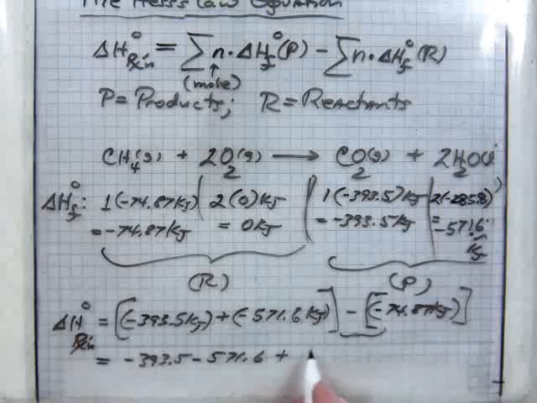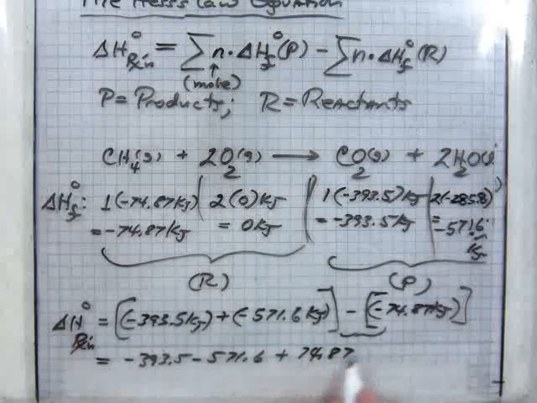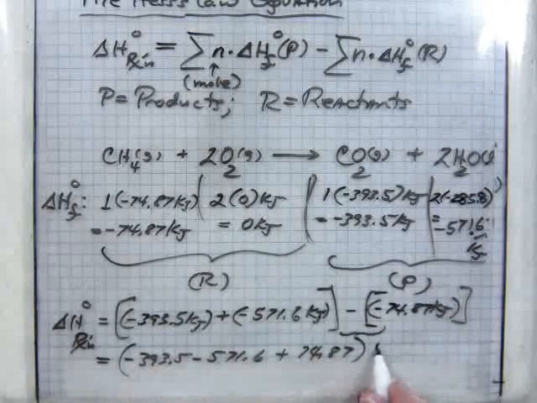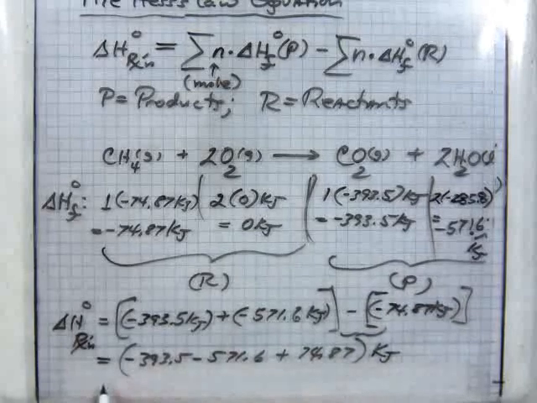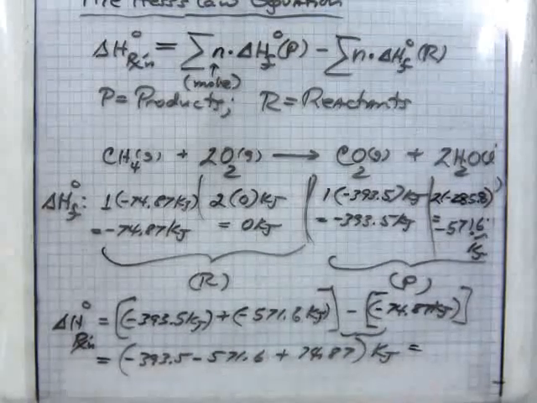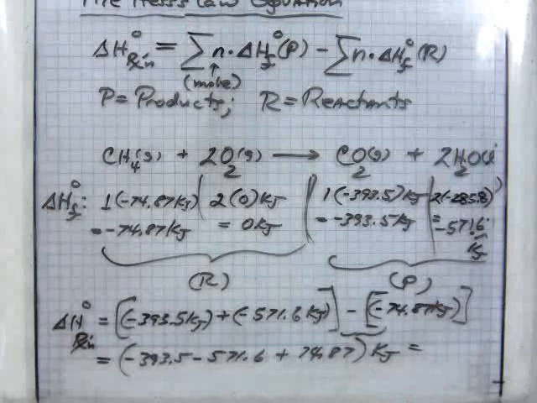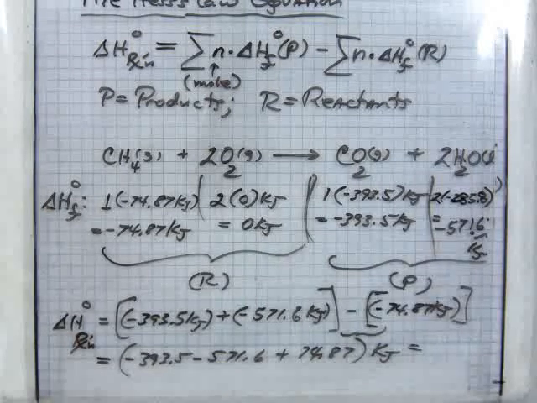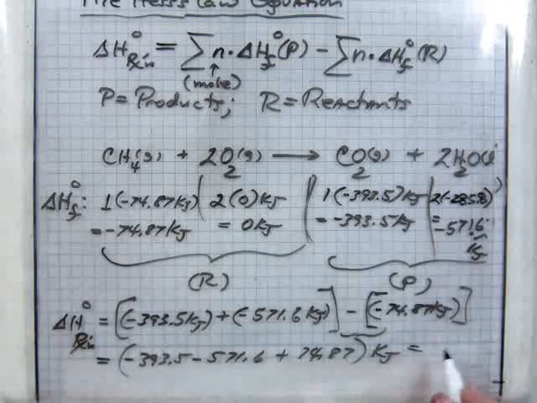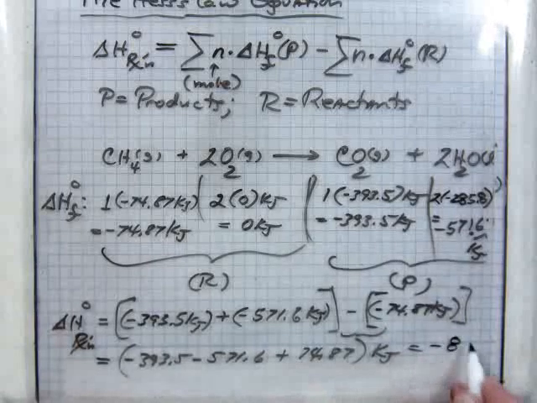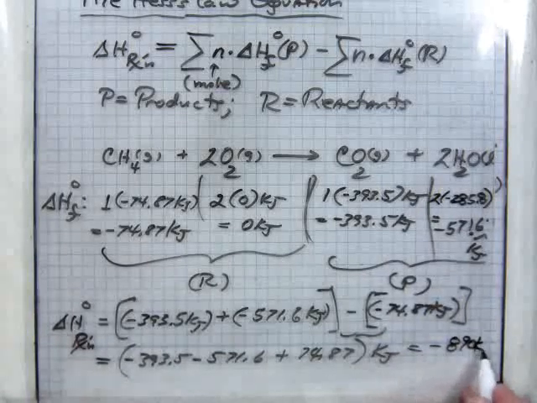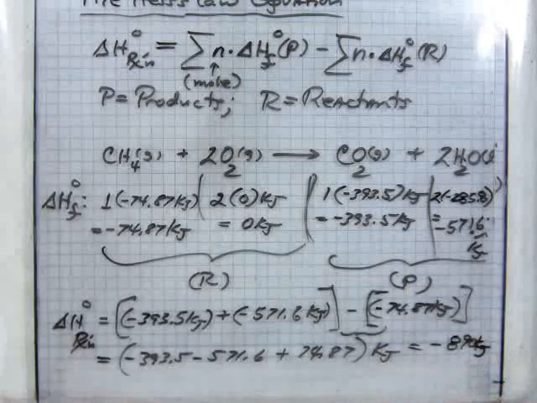And plus 74.87, and I bracket it, and that's in kilojoules. And so this gives you an exothermic 890 kilojoules. I'll just leave it at that.